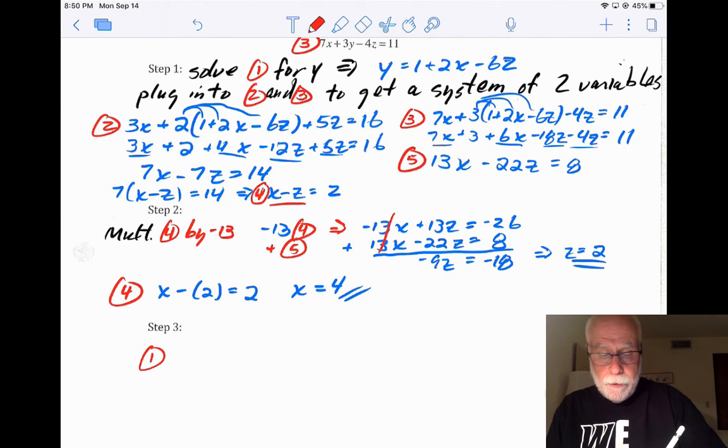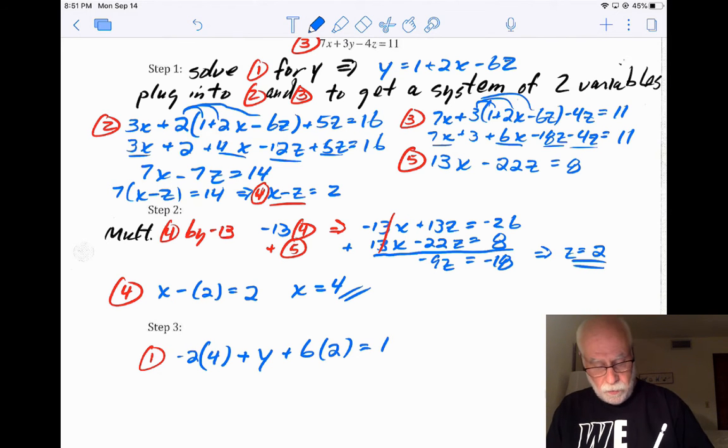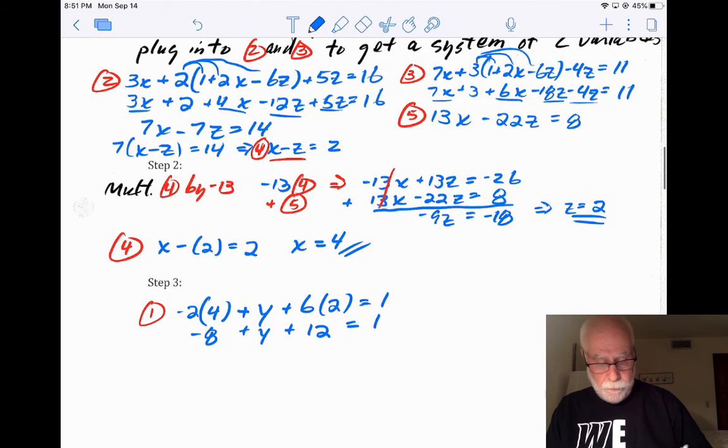So I'm going to take negative 2 times 4, plus y, plus 6 times 2 is equal to 1. So I'll get negative 8 plus y plus 12 is equal to 1.